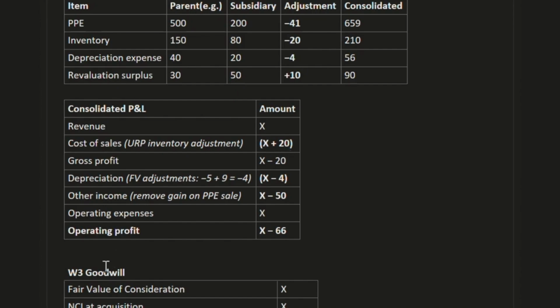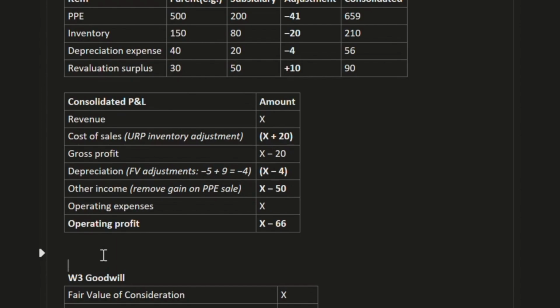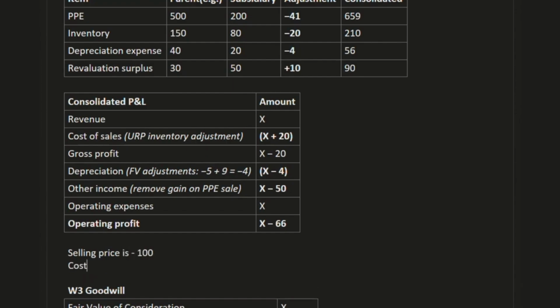For example, selling price is 100 and cost is 80.